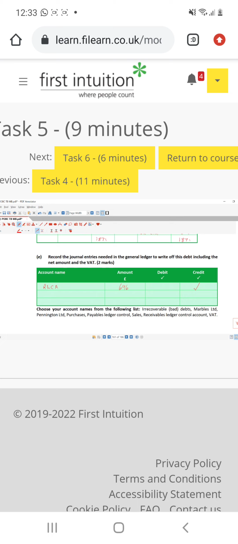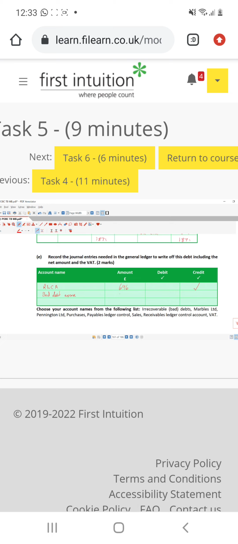I know that 696 is the gross amount, so to get back to the net amount and the VAT amount, I will have to divide that 696 by 1.2, as that is 20%. If I do that, 696 divided by 1.2, the bad debt expense, the net expense, will be 580.